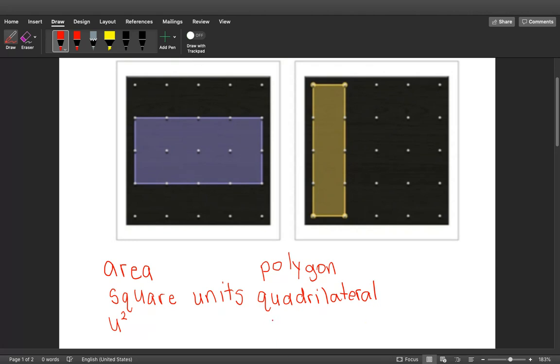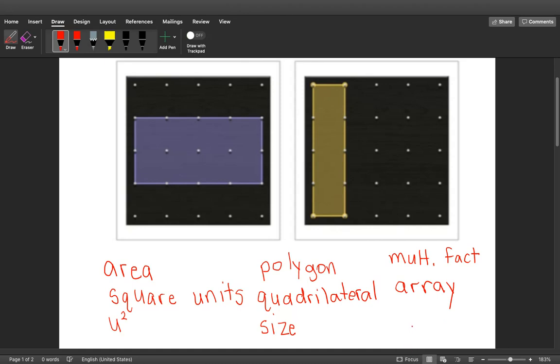You could also talk about the size. That's a math word, size. You could also mention a multiplication fact that you could use with these if you're thinking about them like an array.